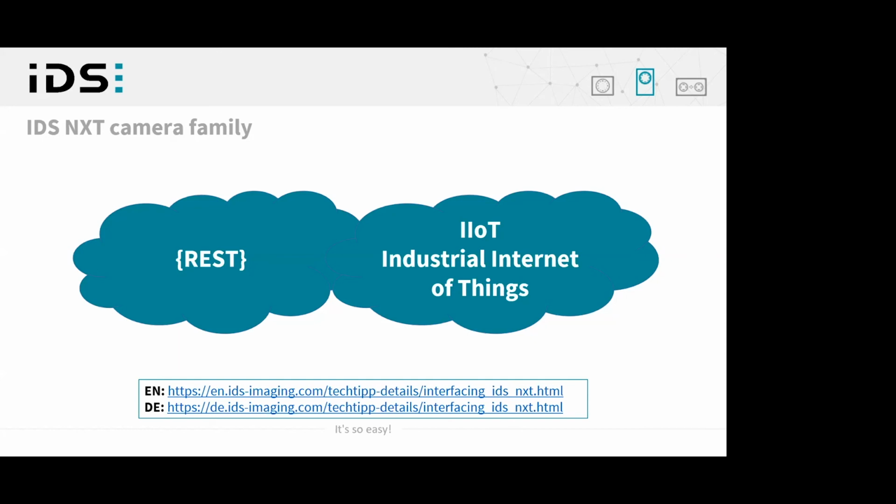So if you're more interested in this topic, join this webinar and read this tech tip. But at least to summarize this, we see IDS NXT as an IIoT device. Therefore, we need communication interfaces which are commonly used in IIoT, and in this case, one of the majorly used interfaces is REST.